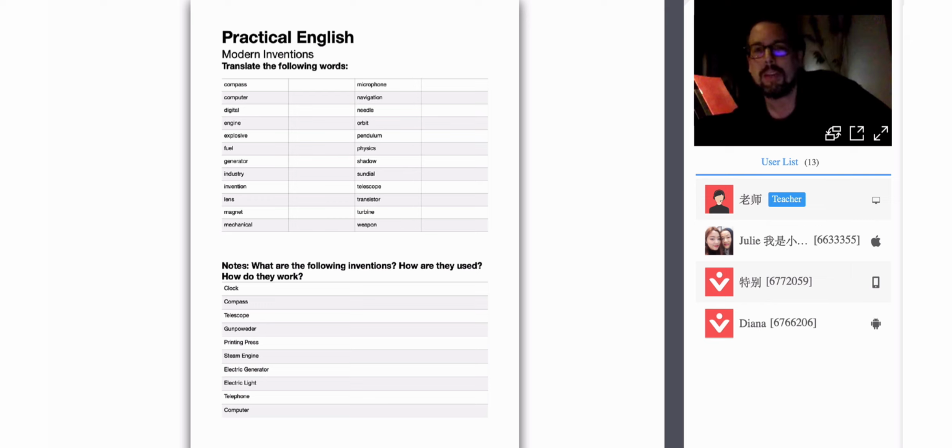What are the following inventions? How are they used, and how do they work? We have the clock. What's a clock? The clock is a device that helps us to know the time.